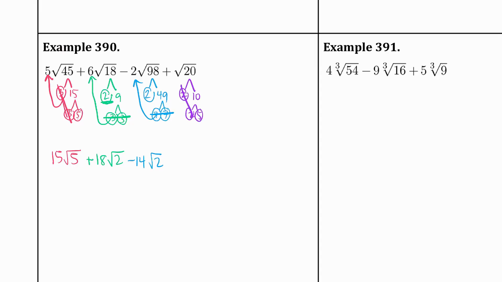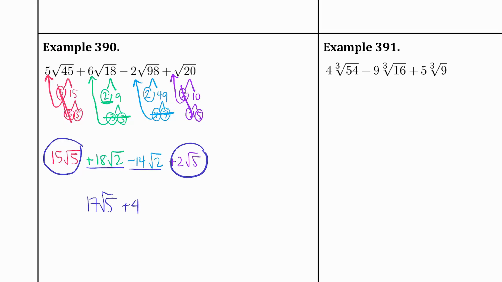I have a pair of 2s I can take out, so I get 2 square root 5. So now if we look at what we can combine, we have a square root 5 here, a square root 5 here. 15 square root 5 plus 2 square root 5 is 17 square root 5. I've got a square root 2 here, square root 2 here. 18 minus 14 is positive 4, square root 2.